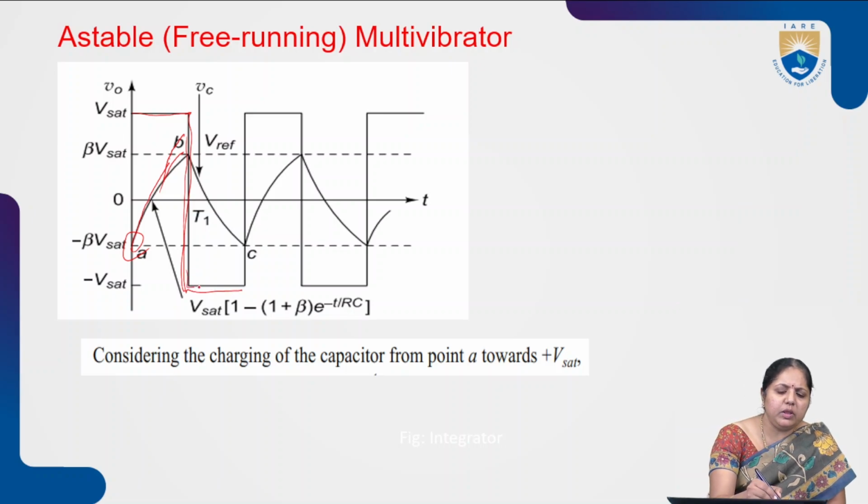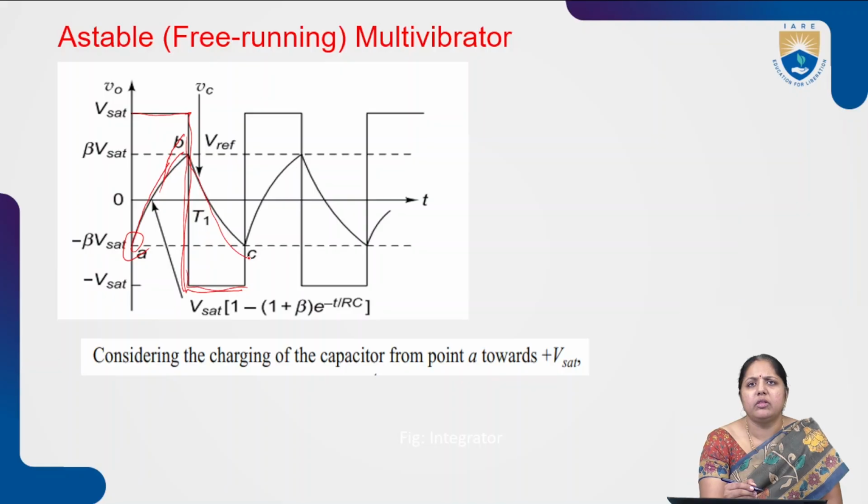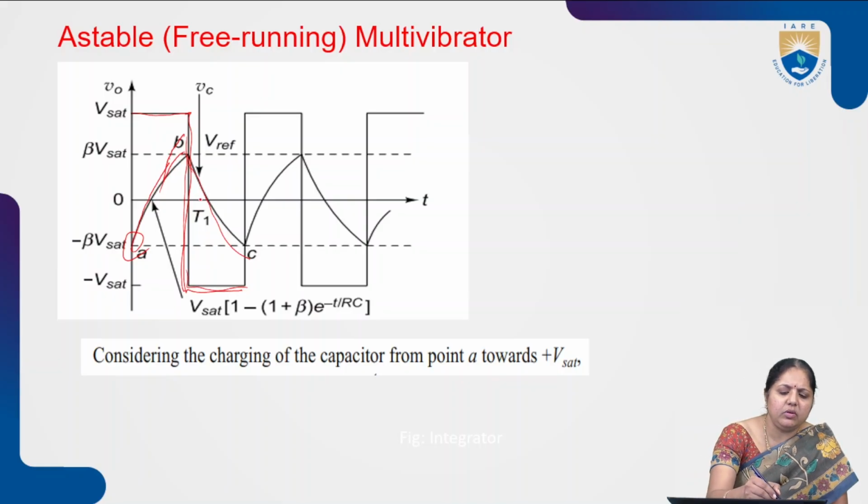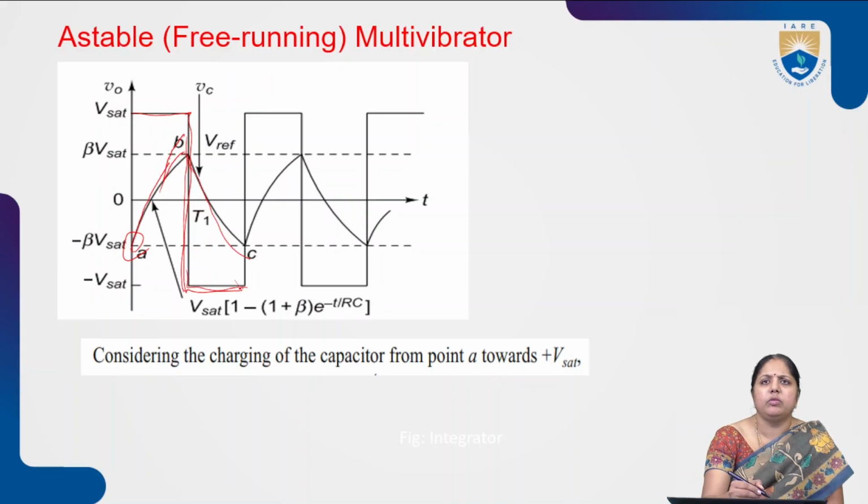When the output moves to the negative square, your capacitor starts discharging its voltage. To which value does it have to discharge? It tries to discharge to the voltage value of minus Vsat.